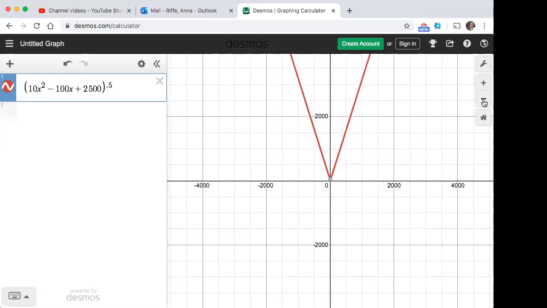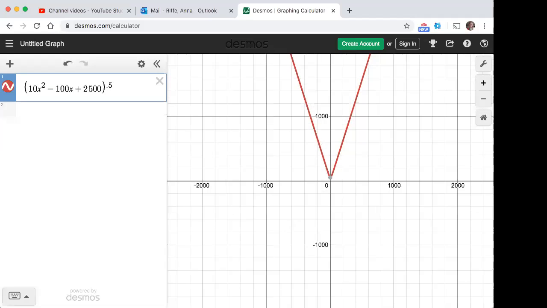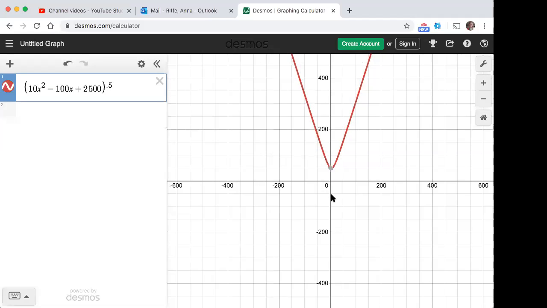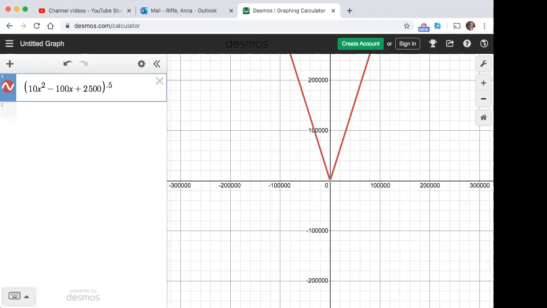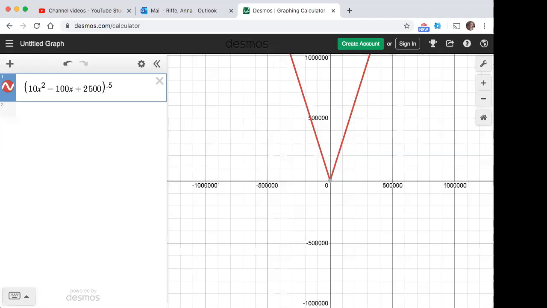Okay, so it looks like the graph of my function. And you might notice that this graph never goes below the x-axis, so it's never equal to 0. And no matter how far I zoom out, it looks like it is defined everywhere. There are no jumps, there are no gaps, there are no places where it is cut off.